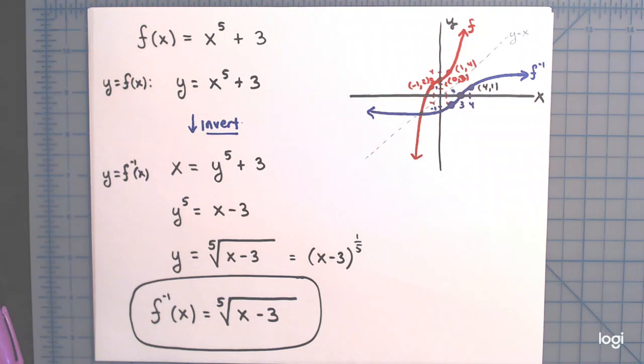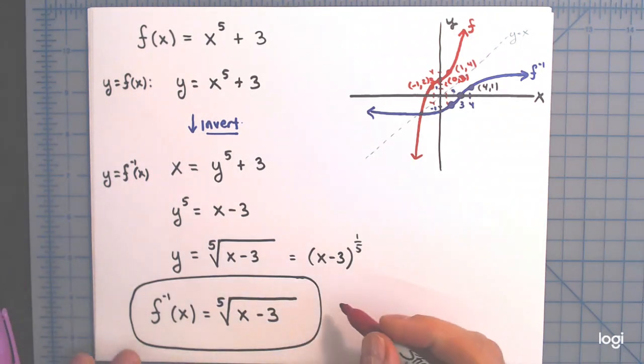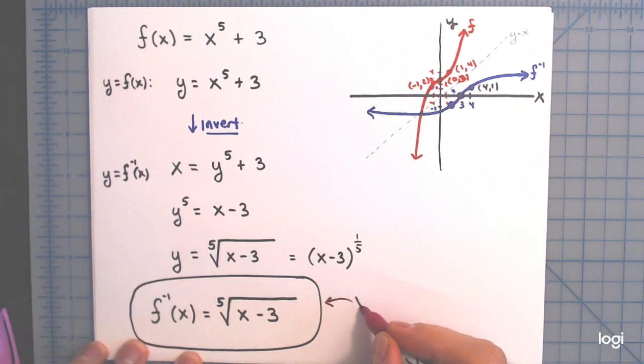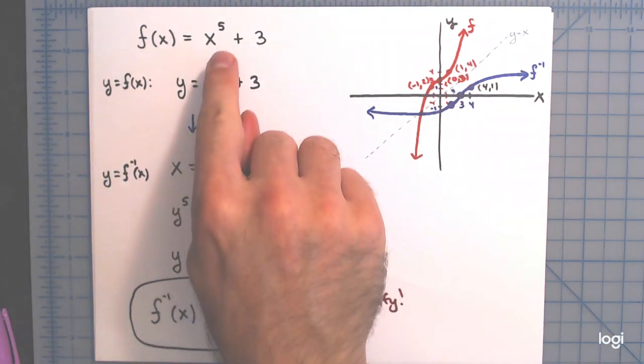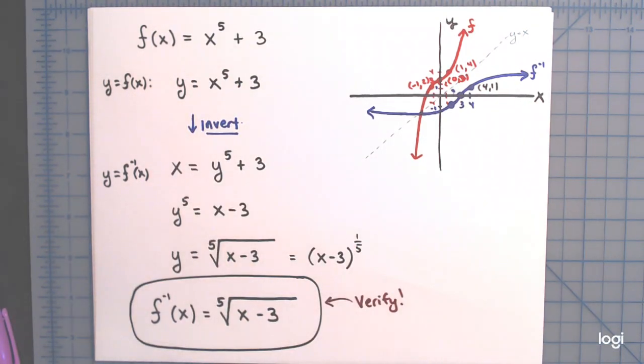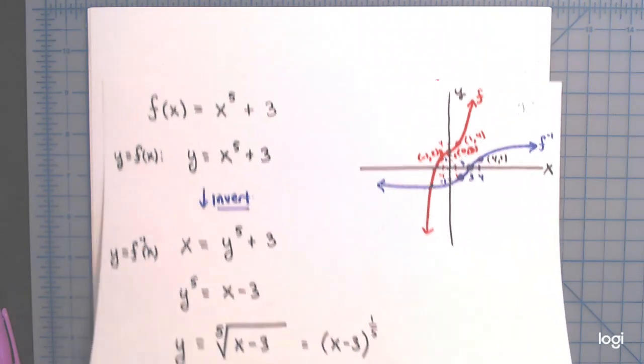But now let's verify. I believe this is the inverse, but as always, you should check your solutions. Let's verify that these two functions are indeed inverses of one another. So that's what the composition is for.